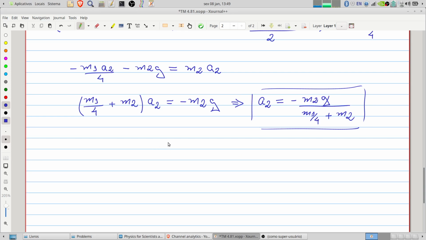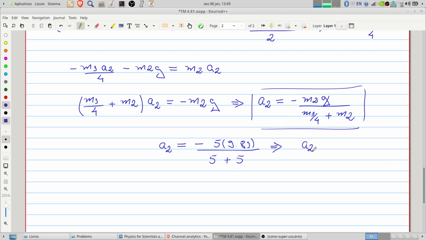Let's use our numerical values. a2 equals minus 5 kilograms multiplied by 9.81 divided by m1, 20 divided by 4, so 5 kilograms, plus 5 kilograms.